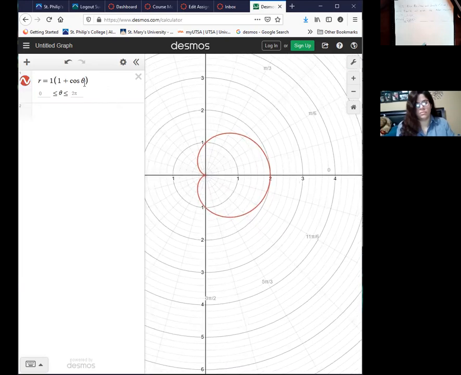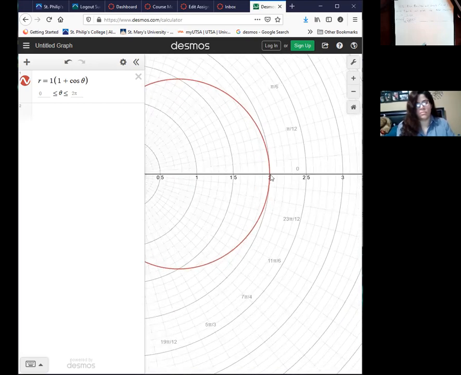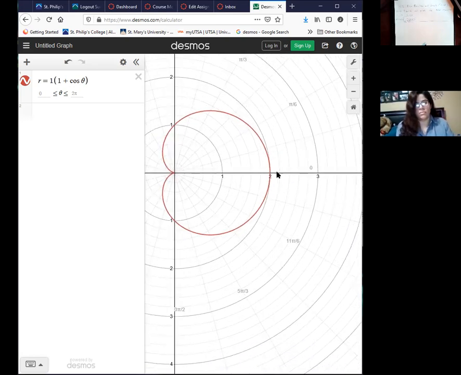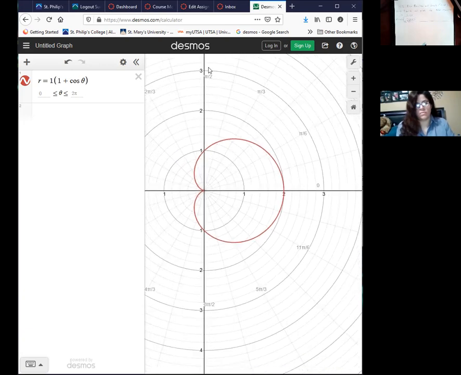So when the theta is 0, cosine is 1, so we get 1 plus 1, which is 2. So there it is, 2, at angle 0. If you plug in pi over 2, cosine is 0, so you get 0 plus 1. So at pi over 2, which is right here, we get 1 on this pole here.